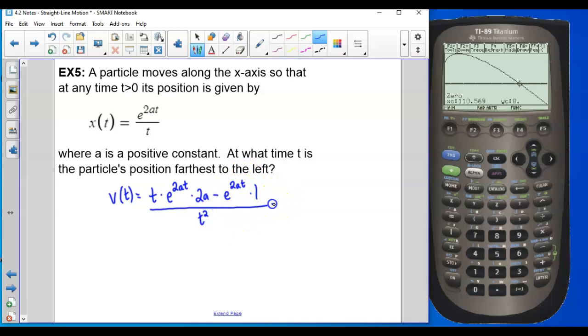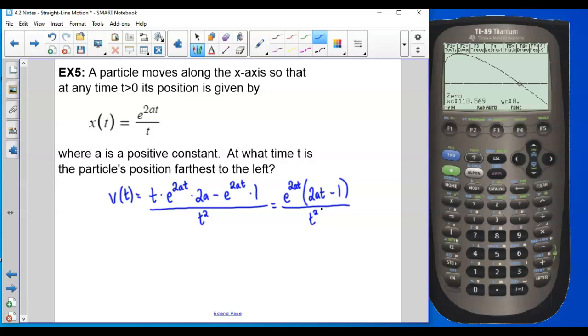And so let's clean that up a little bit. I'm going to factor out that e to the 2at. And then we'll have 2at minus 1 over t squared. So that gives us our derivative.